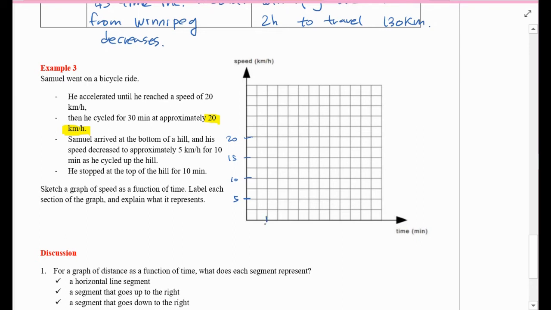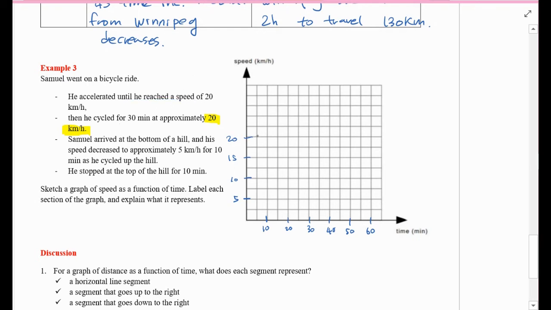And the time, I'm going to let 1 unit be 5 minutes, then this becomes 10, 20, 30, 40, 50, and 60. Right? Okay.